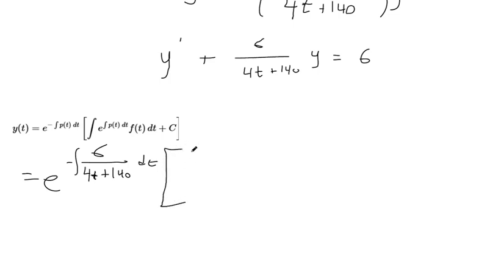It's times the integral of e to the power of the integral of 6 over 4t plus 140 dt times f of t, which is just a constant 6, so I'll just factor that out right now. No way, I can't because of the plus constant c, so 6 goes here. That'd just be another arbitrary constant, so it doesn't matter. You could factor out that c.